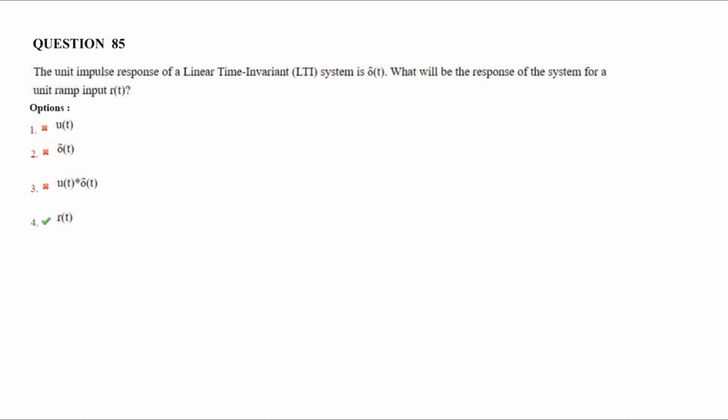Next question. Unit impulse response of LTI system is delta of t. So here input is u of t. So let us assume input as x of t. Laplace transform of input, that is Laplace transform of x of t, is x of s.